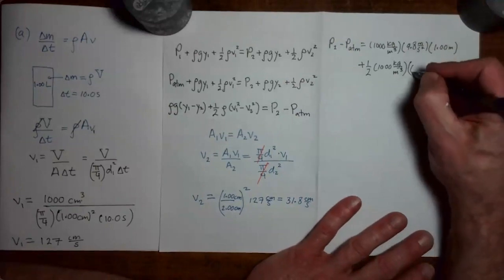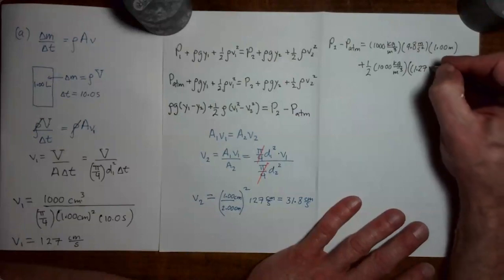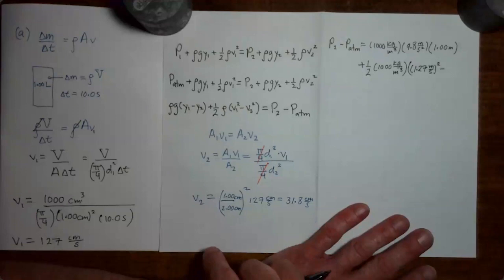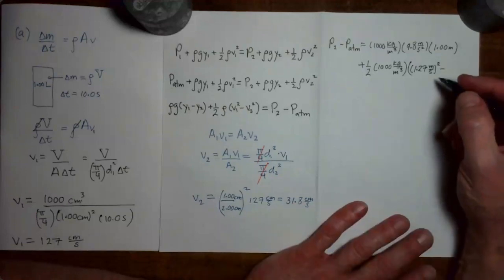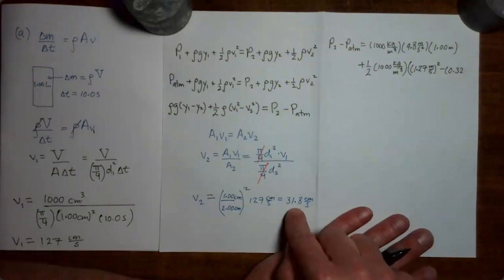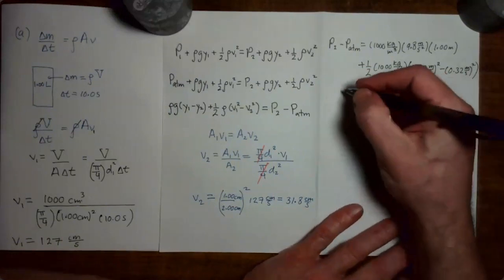So I'm going to convert that to 1.27 meters per second, then squared, minus V2 is 31.8 centimeters per second. I'm going to convert this to meters per second as well, so rounding off a bit, I have 0.32 meters per second. That's squared as well.